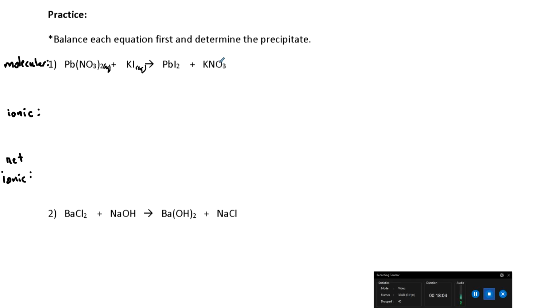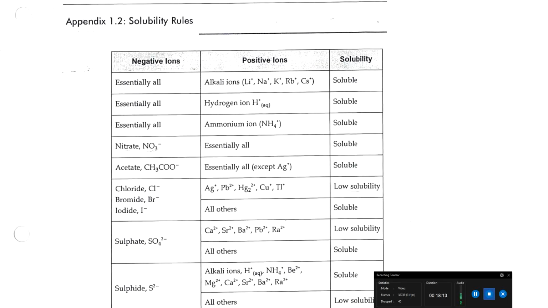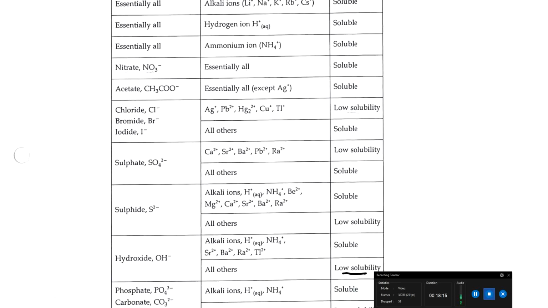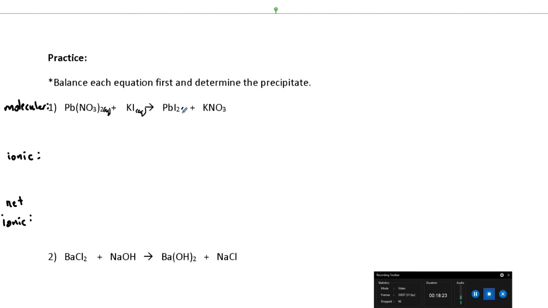It's possible to not get a precipitate. They could be both aqueous, so you always want to check. So let's look. We've got lead 2 iodide. So here's iodide. And if I look, well, there's lead 2, low solubility. Okay, so this is a precipitate, solid.